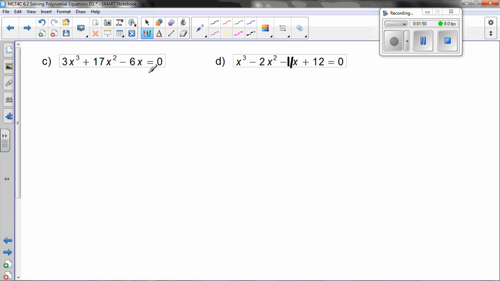This starts to get more difficult, or at least it looks like it. It's got a cubic, so we might be thinking factor theorem from last chapter, but it is a common factor. There's no constant term on here, so I can pull out an x. I can't pull out 3x because 3 doesn't go into 17, so I'm going to pull out an x.